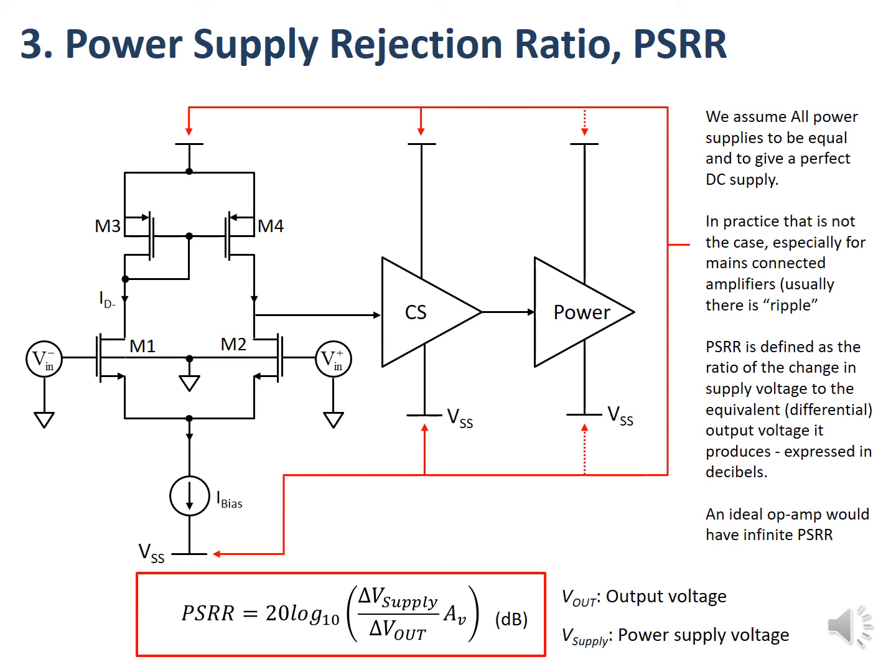So we define this idea of the power supply rejection ratio, which is the decibel calculation of delta V supply over delta V out. So we're looking for that to be as high as possible, so that any variation in the supply produces a much smaller variation in the output. So I'm looking for a very high value of PSRR, power supply rejection ratio.